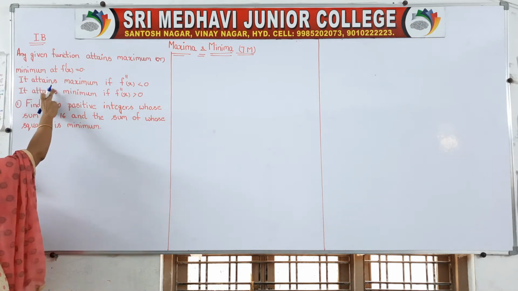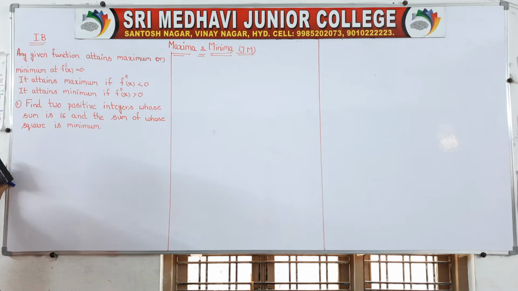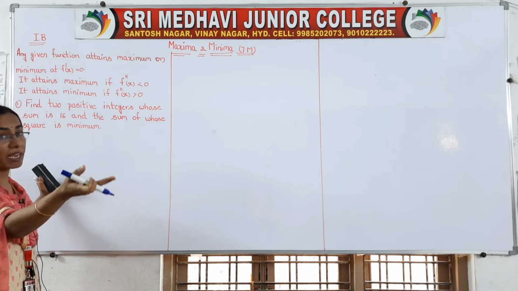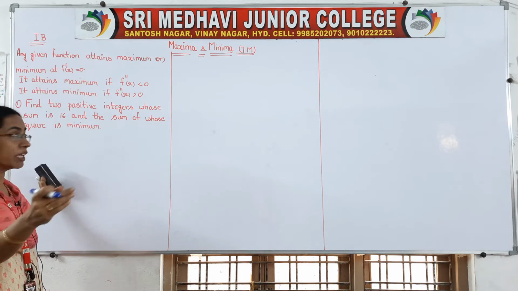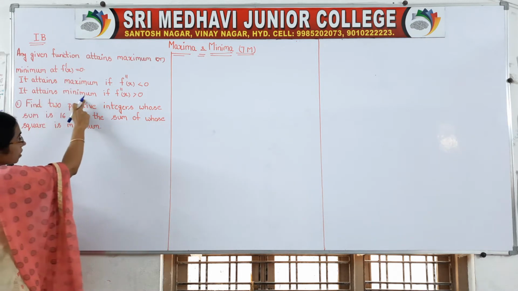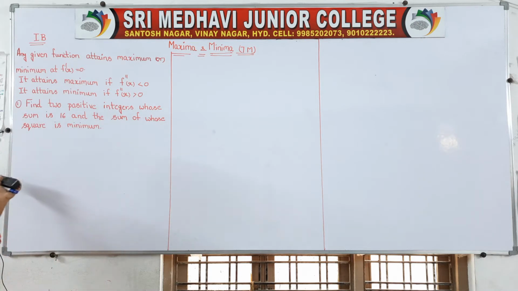Next, it attains maximum if f double dash x is negative, less than 0. If f double dash x at that x is negative, function attains maximum; negative maximum, positive minimum. So it attains minimum if f double dash x is greater than 0.